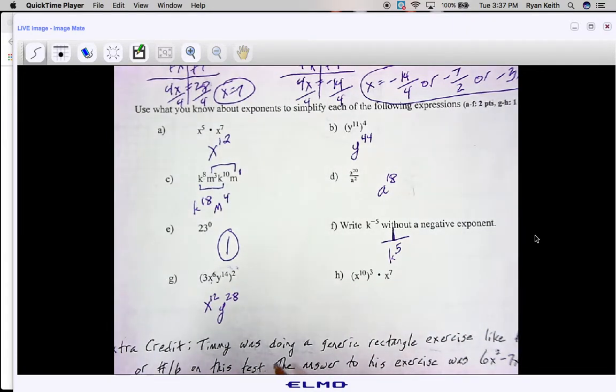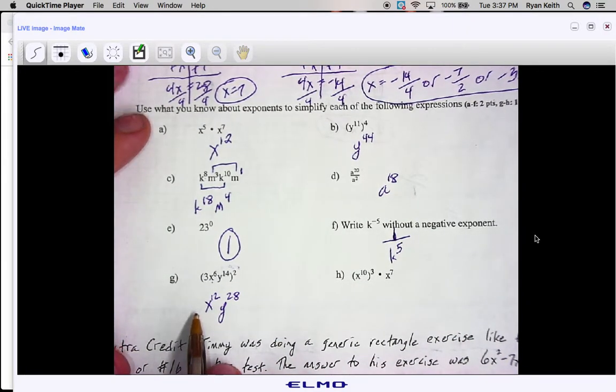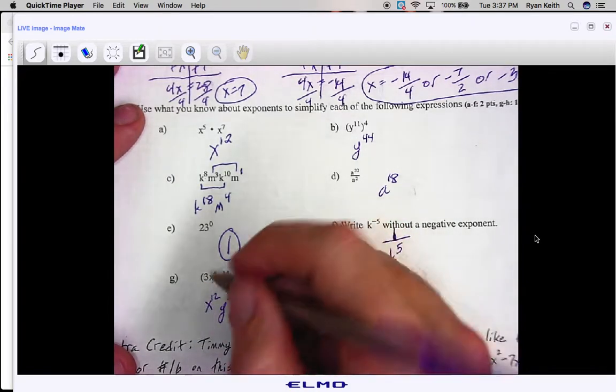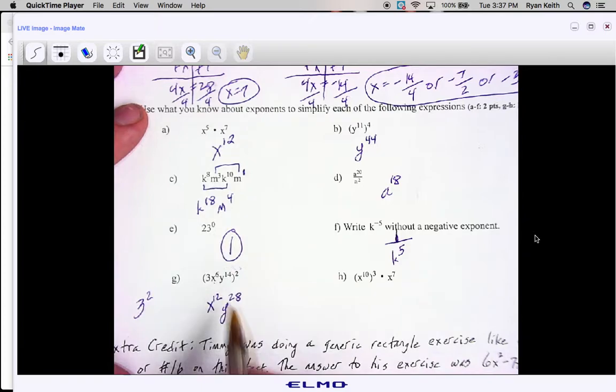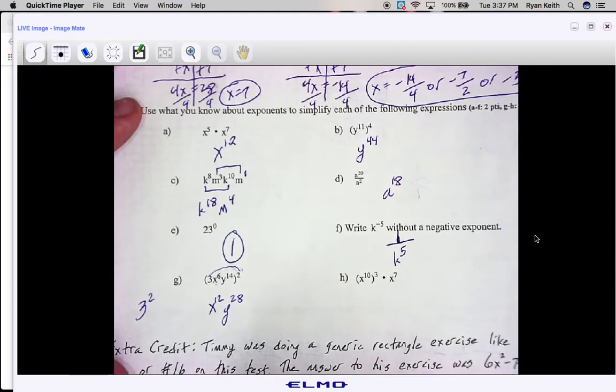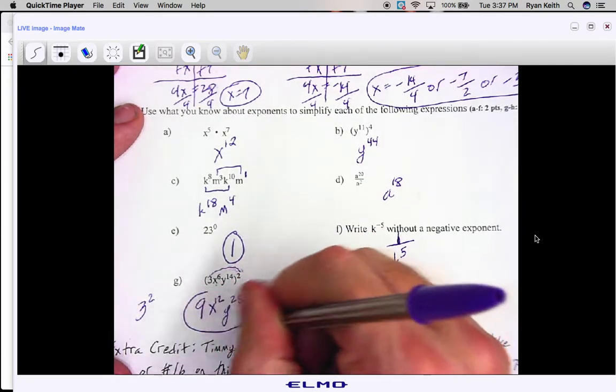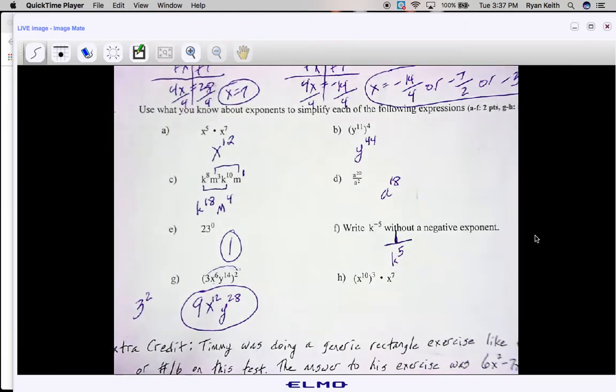There were a lot of people who put 3 here in front because they just took the 3 and copied it. But it's not 3. It's 3 squared, isn't it? See, the 3 has the square that goes with it also. What's 3 squared? 3 times 3. 9. You knew that.